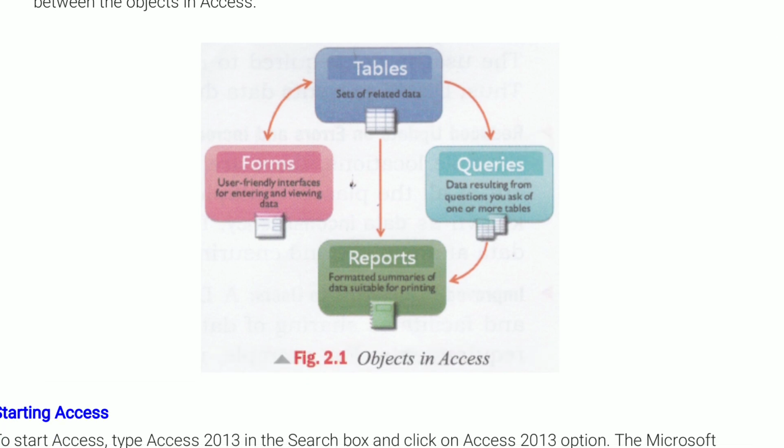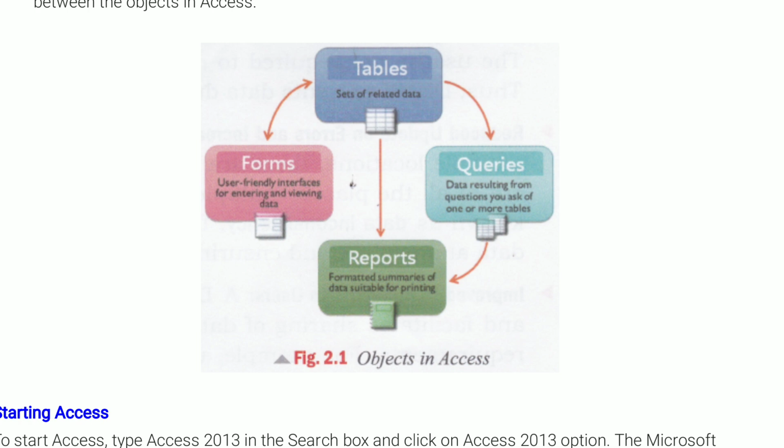We can also say the table is the main or prime object of a database which is created in Microsoft Access. How can the table be called a prime object? Understand this point.